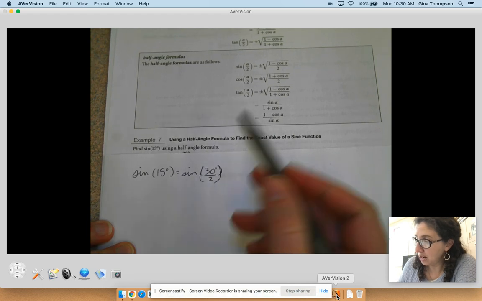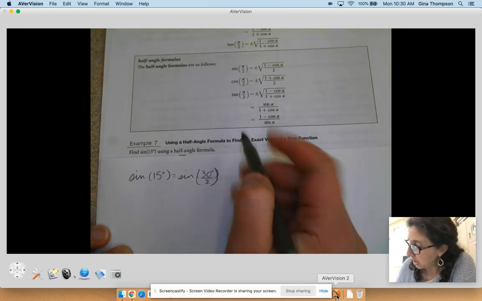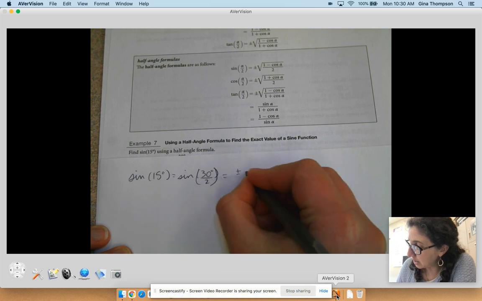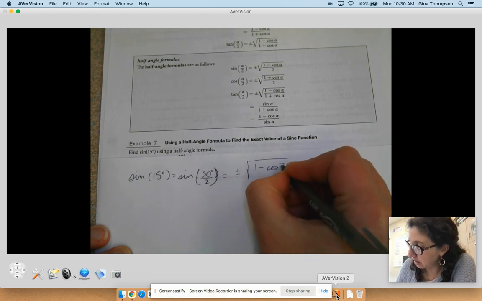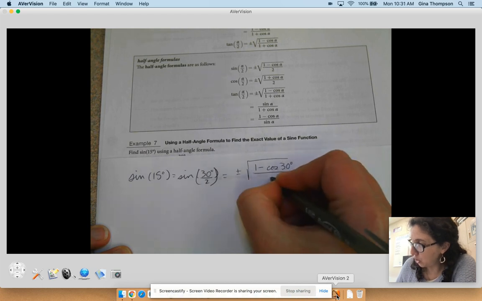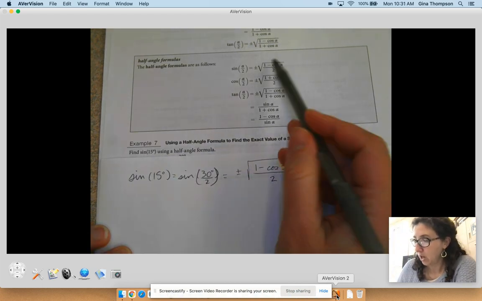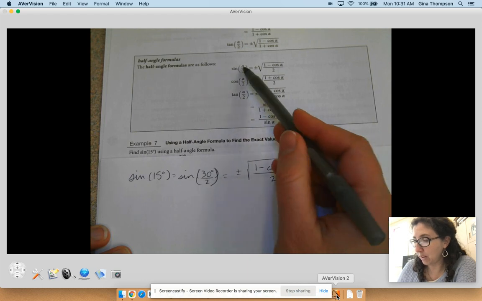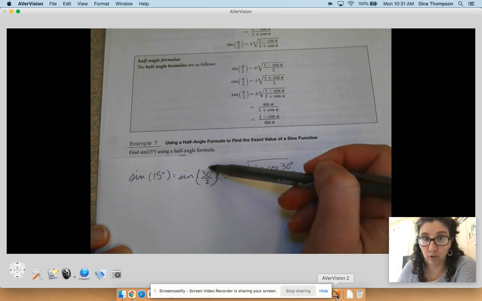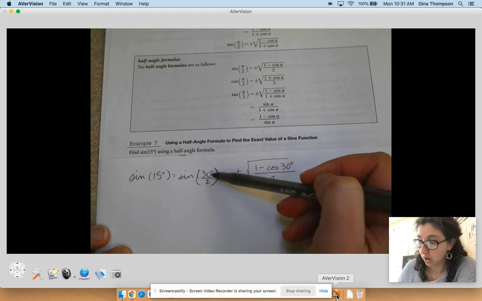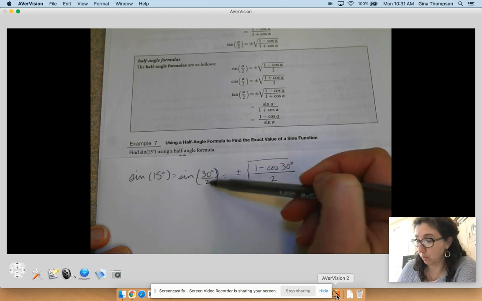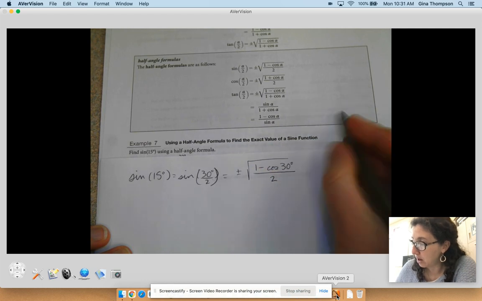So sine of alpha over 2 is going to be plus or minus the square root of 1 minus cosine of 30 divided by 2. The trick here is to realize my alpha isn't 15, my alpha is 30. I find it helpful to actually write this step out. 15 is 30 divided by 2, so our alpha is 30 degrees.